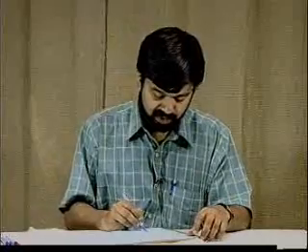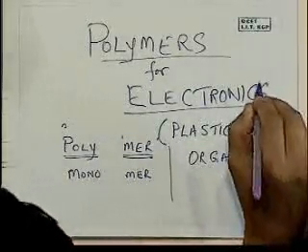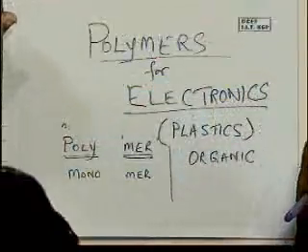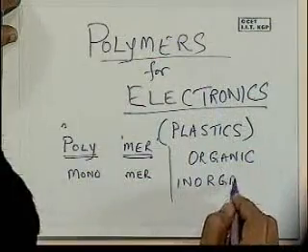There's another word that we will make use of called monomer. Basically, it refers to the building block, that structural unit, that one unit that is then multiplied many times to give you a polymer. And these are broadly organic materials, in that most of them consist of a chain of carbon atoms with various things linked to it. But there are also inorganic polymers, and we will not go into that other than just to give you an example.